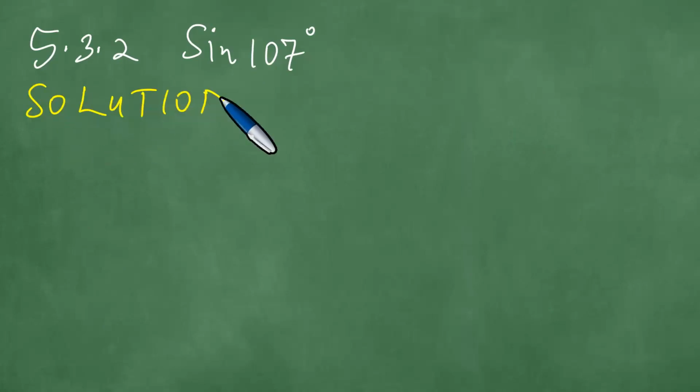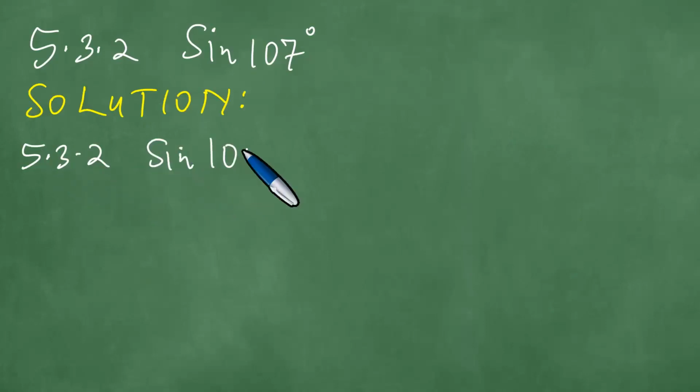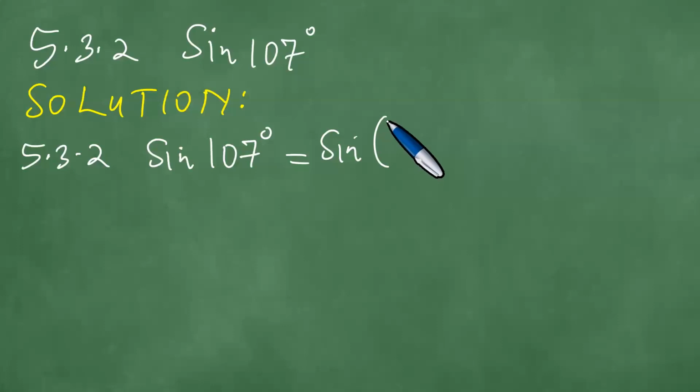Okay, we're going to use reduction formulae to simplify this. And we're looking at 5.3.2. We have the sine of 107 degrees, which is actually the trigonometric sine of 90 degrees plus 17 degrees.